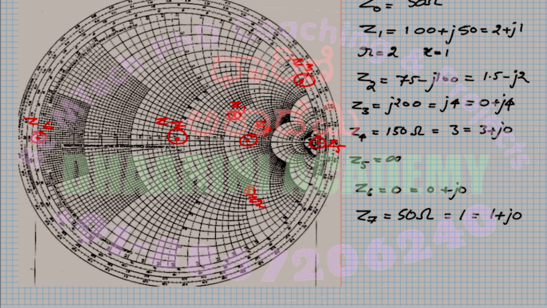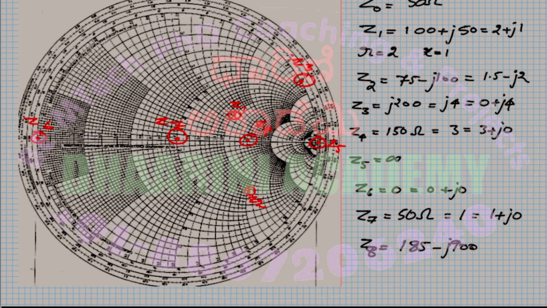Okay, then let's move further. I want to go for another point, say Z8 equal to 185 minus J900. Okay, can you tell me its normalized value? Divide both the numbers by 50 and give me the answer.